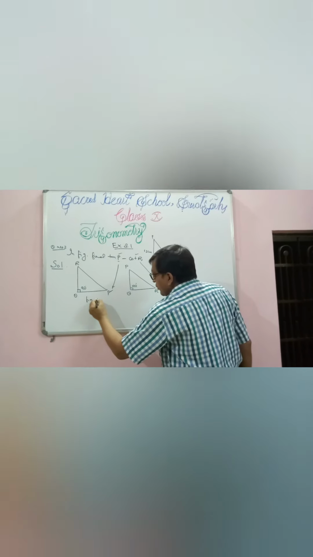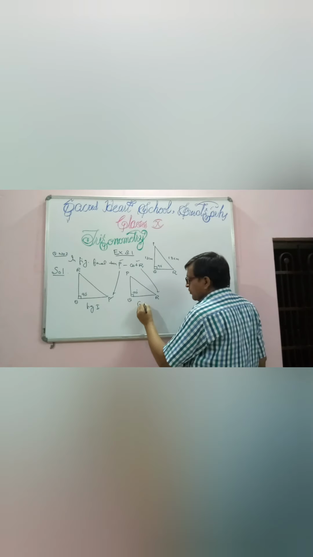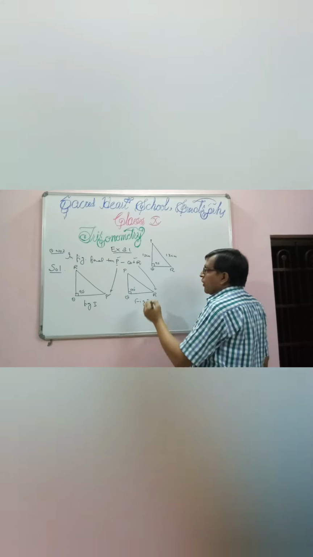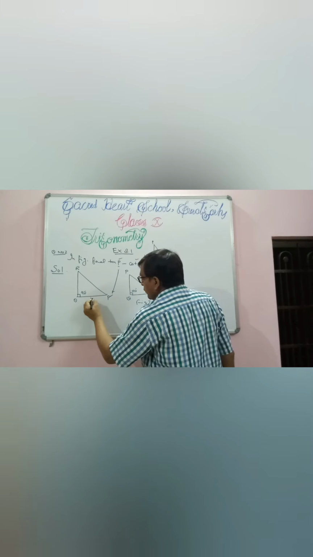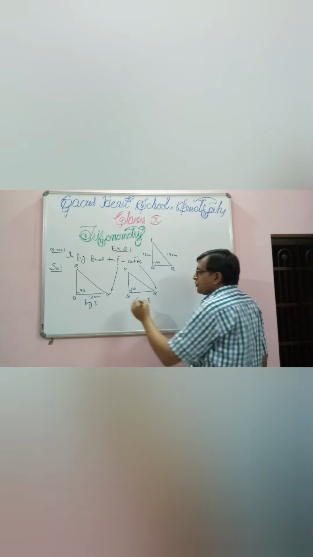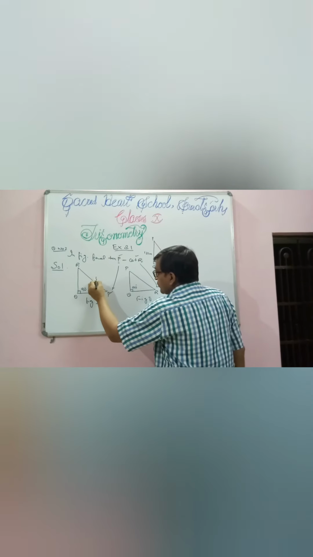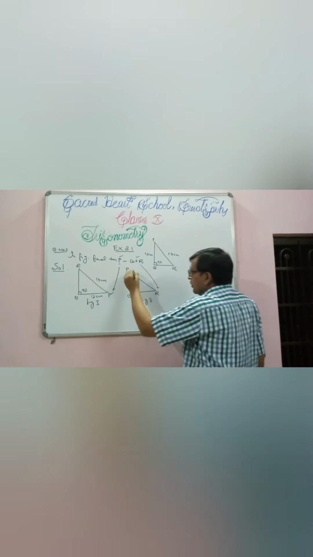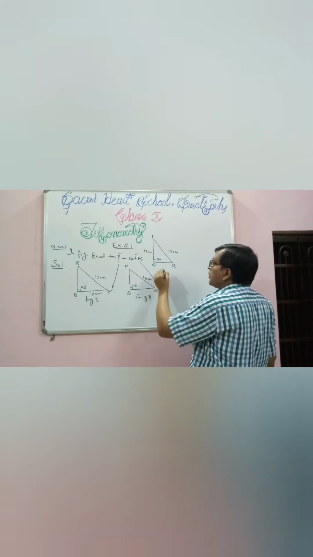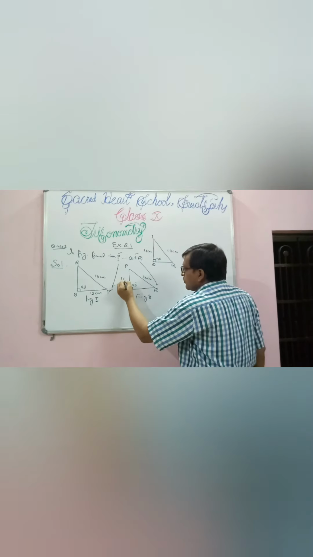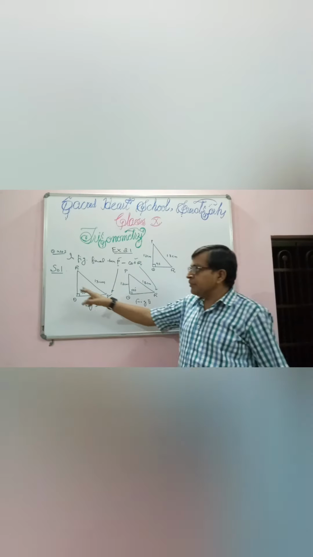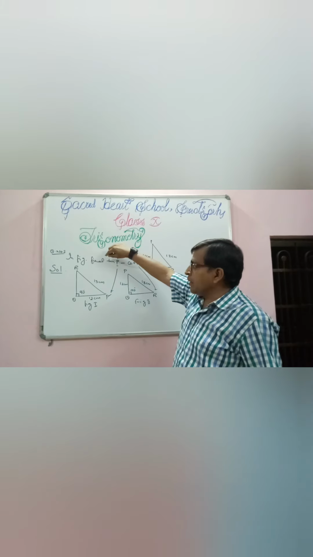Figure first, figure second. Now PQ 12 cm, PR 13 cm. In the second figure PR 13 cm, PQ 12 cm. According to the question, we make it there.